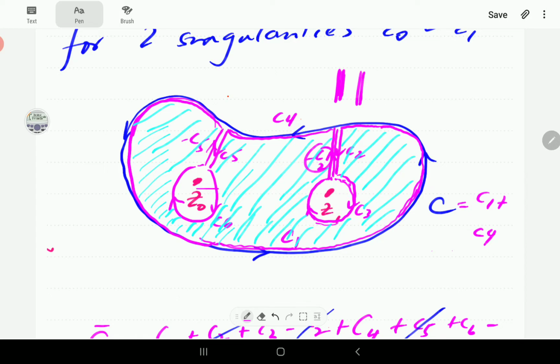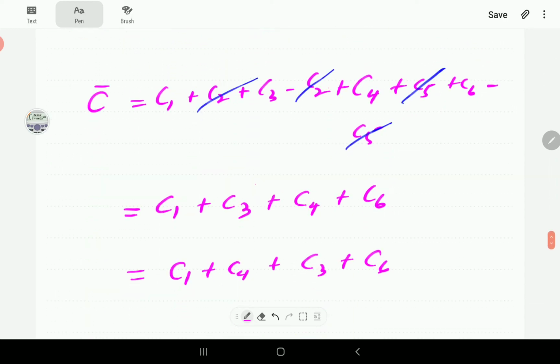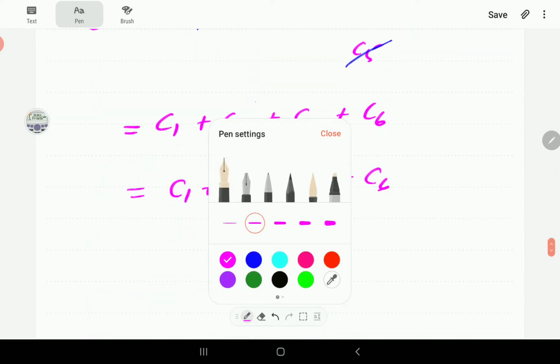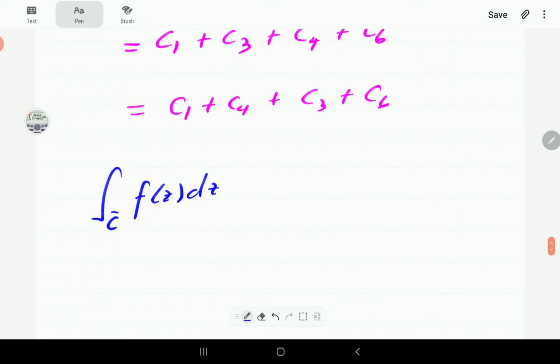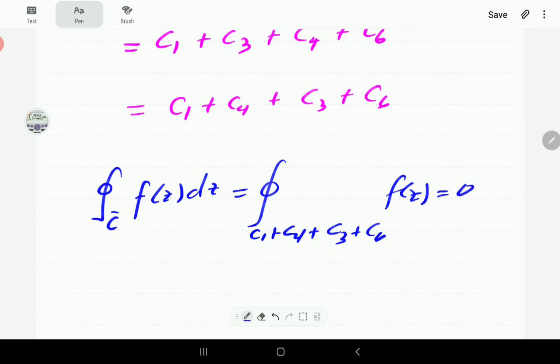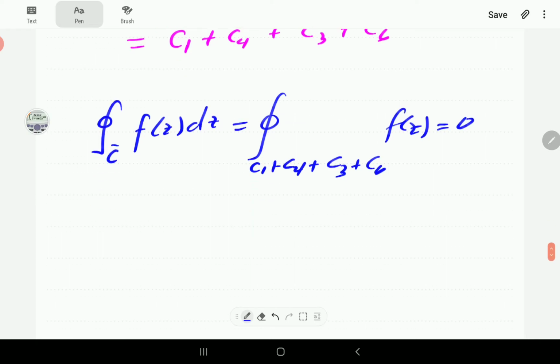Okay, but what we're going to do here is we're going to say, well, since now the singularities are outside this modified contour, then the integral of f around C bar must be equal to 0 according to Cauchy's integral theorem. So that means the integral of f around C1 plus C4, C3 plus C6, f of z is equal to 0.